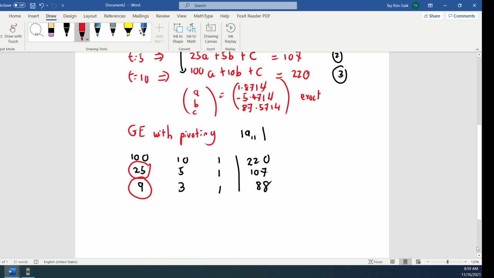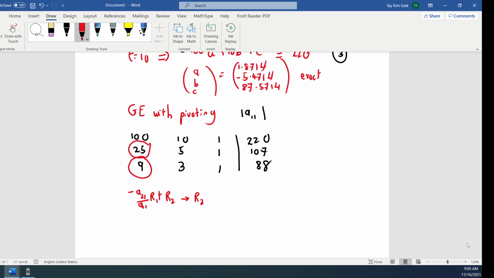And then later on your row operation, please write down your row operation. You have a general formula: negative A21 divide A11 multiply row 1 plus row 2 put into row 2. The formula here always refers to the latest system, which is after you swapping the row.